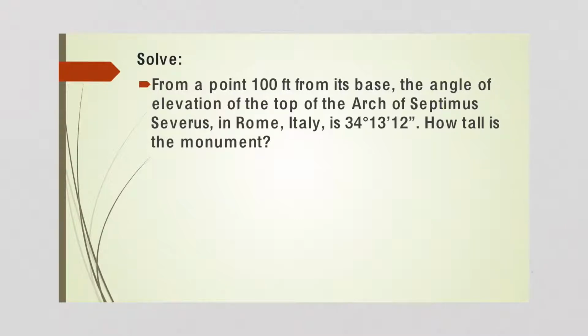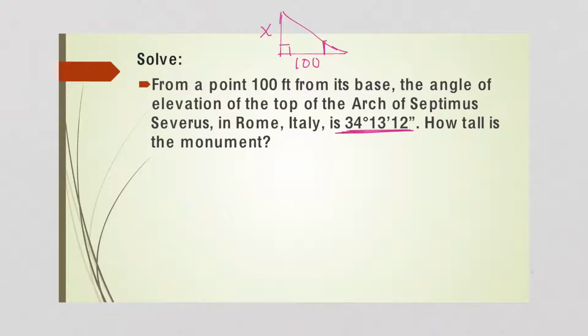So first, if I draw my picture, I know that from a point 100 feet from its base, so this side is 100, my angle of elevation, so this angle is 34 degrees, 13 minutes, and 12 seconds. But I have to change that to degrees in order to use it to find my solution.